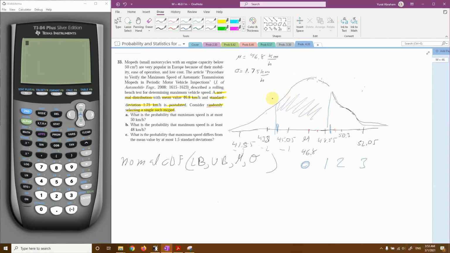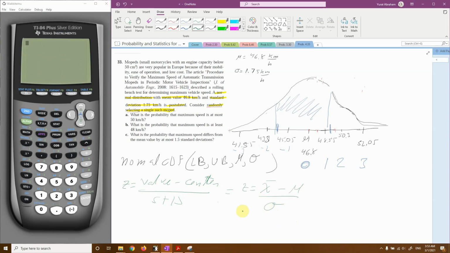Now in this case they're giving us the standard deviations, not the actual values. So what we can do is convert the standard deviations to values using this formula: z equals the value minus the center over the standard deviation. In symbols, z equals x bar minus mu over sigma.